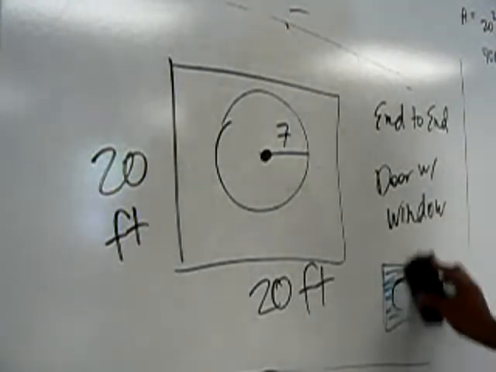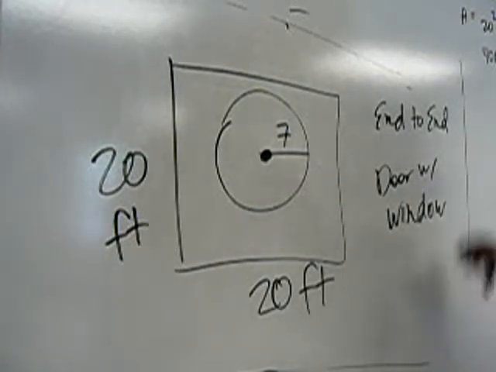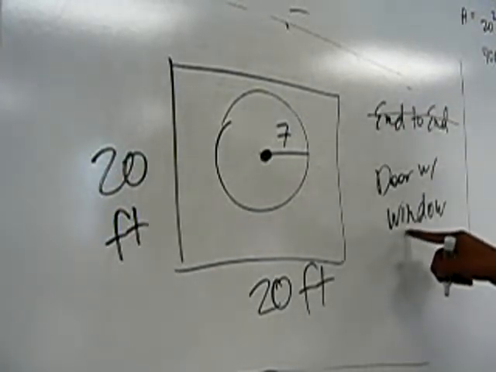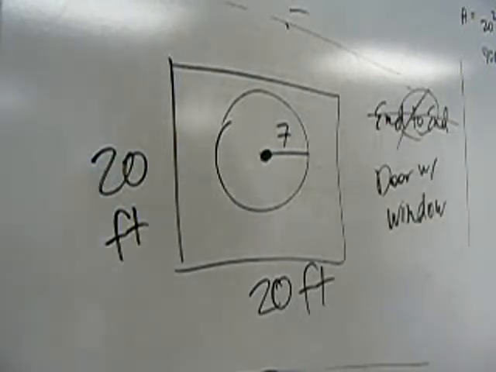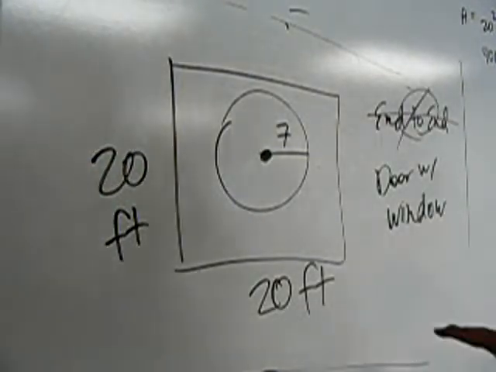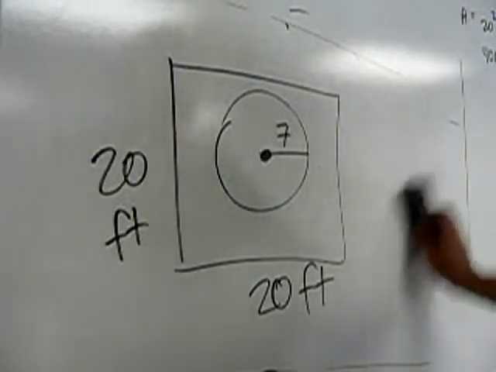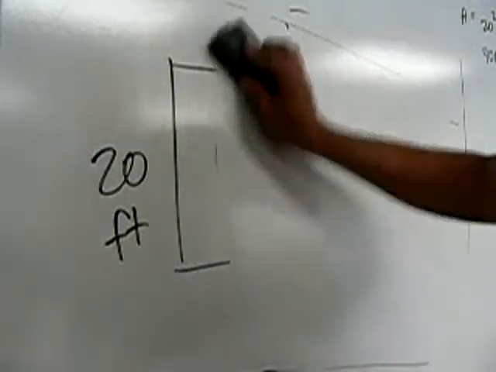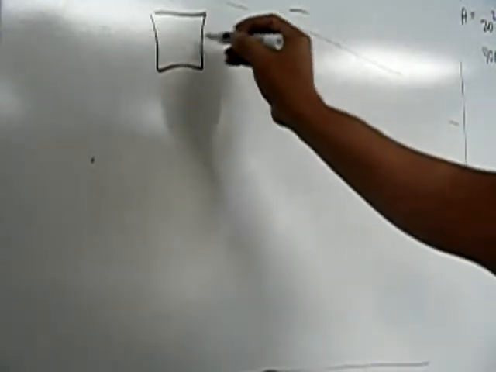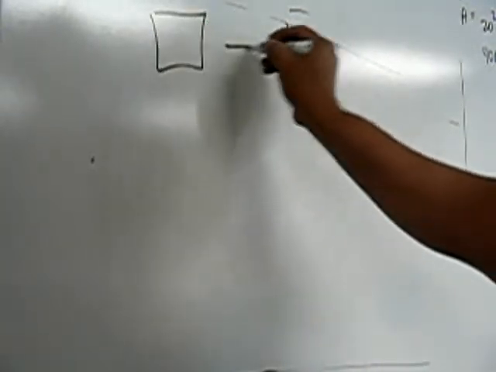So then this will have to be a door with window problem. So then what I'm going to have to do is figure out the area of this big square and subtract out the area of the little circle.